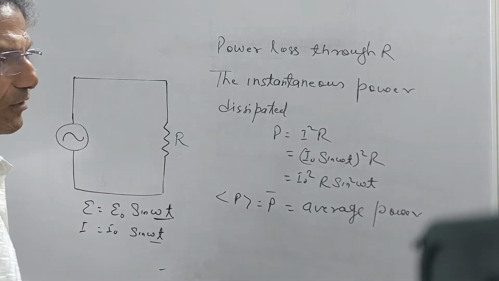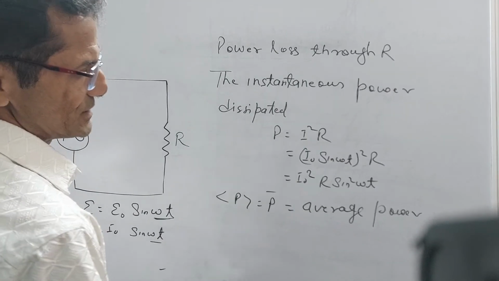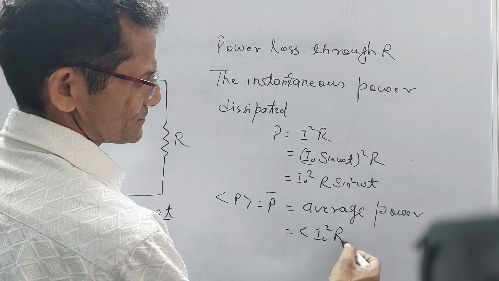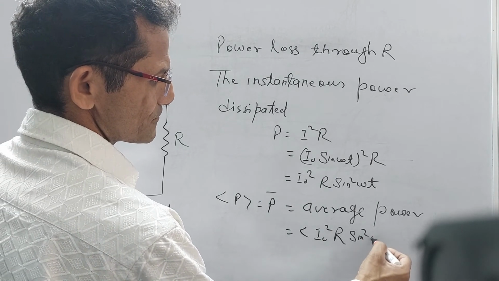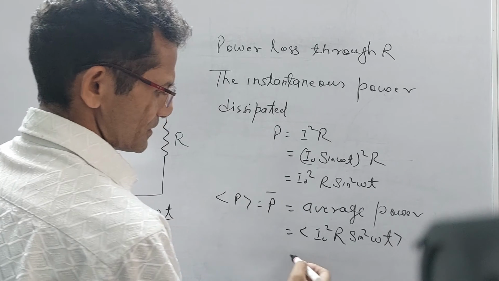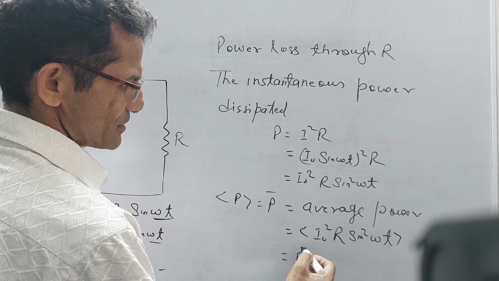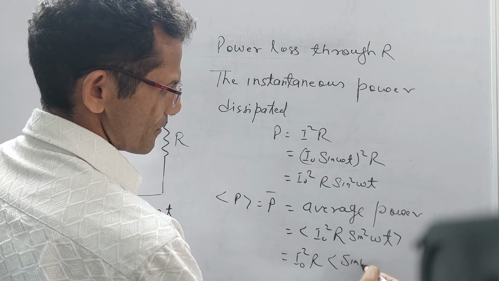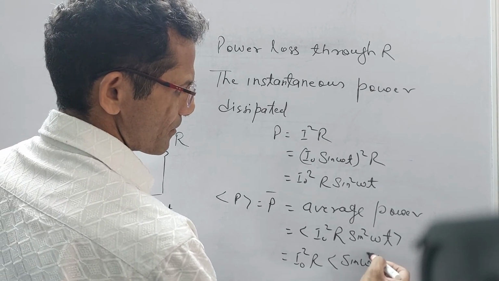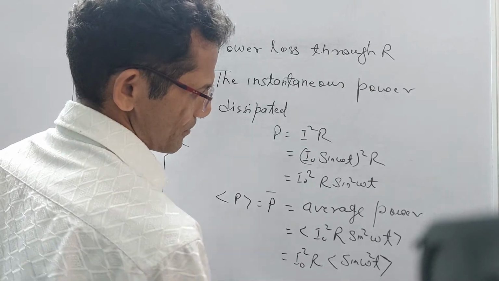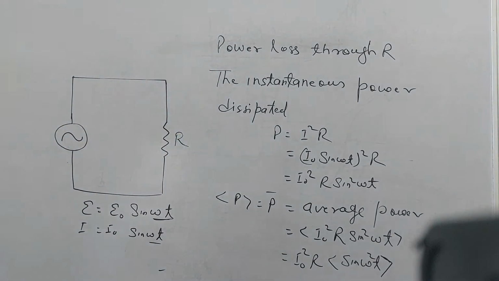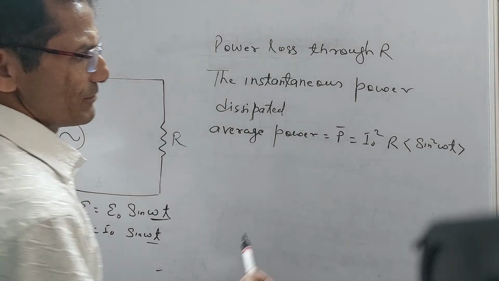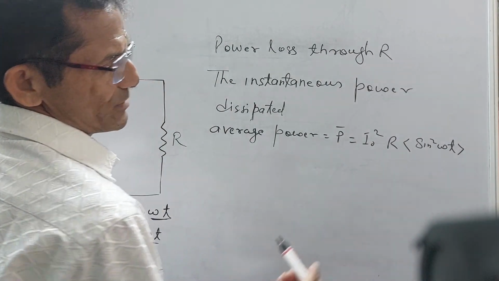We take the average only of those elements which contain time, so I naught square R can be taken outside. Our average power is therefore I naught square R times the average of sin square omega t.